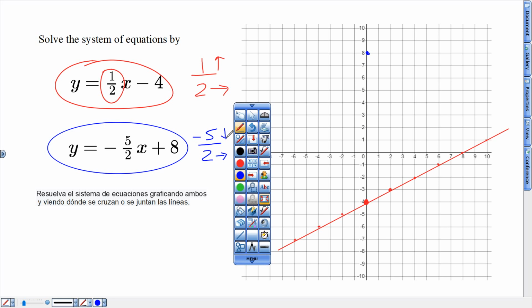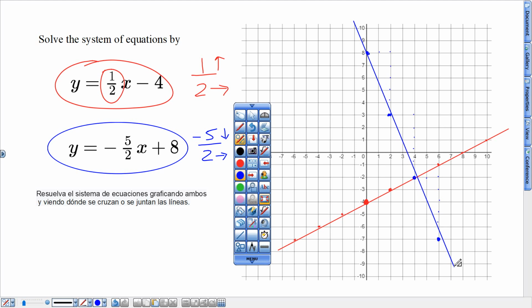Right 2, down 5. Counting boxes: 1, 2, 3, 4, 5. Right 2, down 5. And I can see that's where it's going to intersect. Draw that blue line best you can. Use a straight edge if needed.